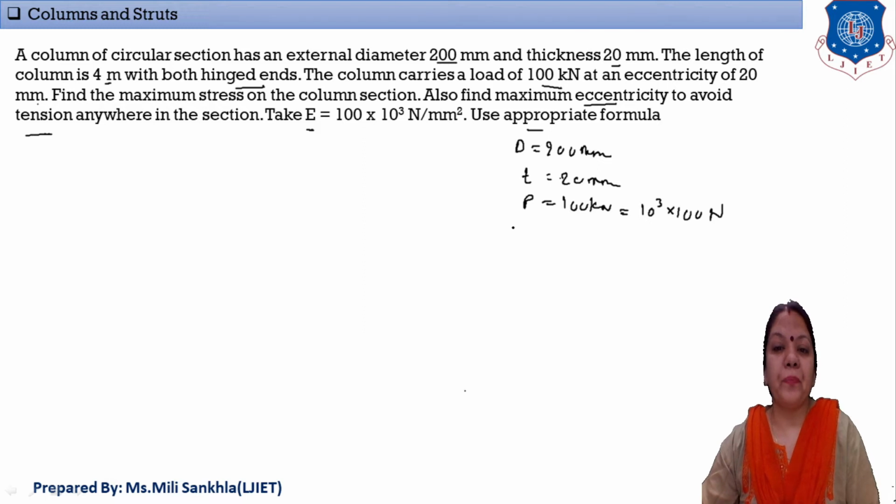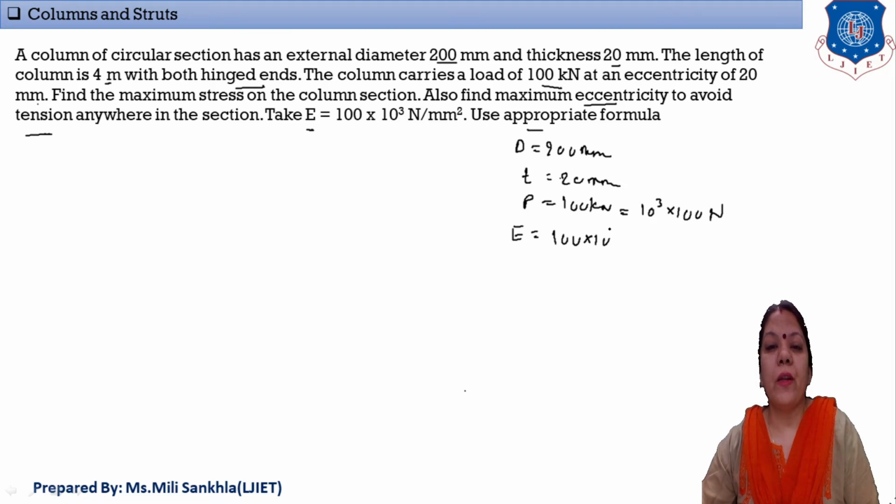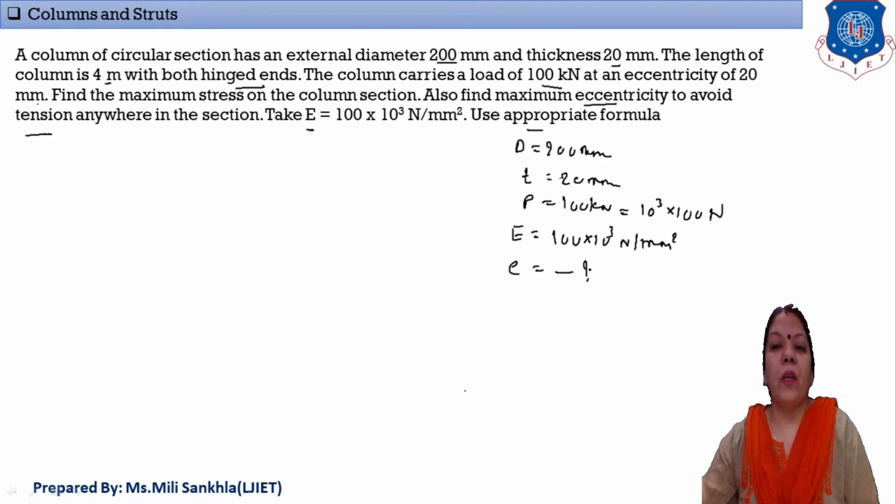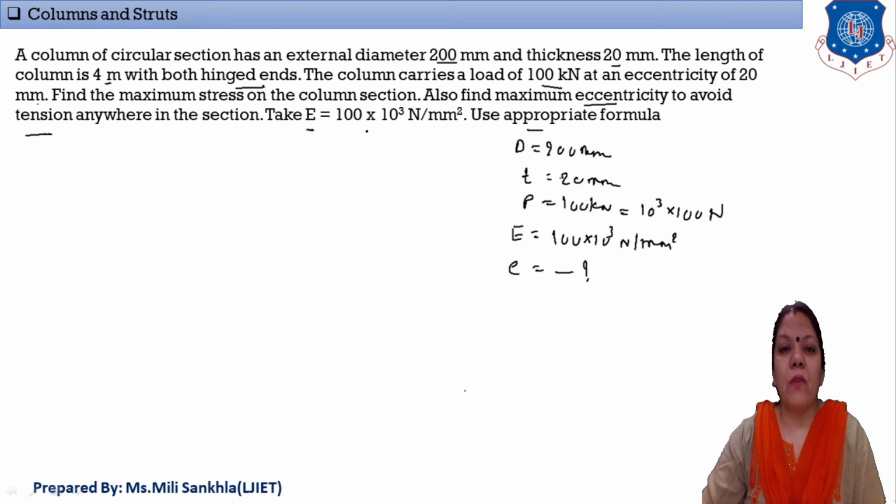The value of Young's modulus E is given as 100 into 10⁻³ Newton per mm square. Here, eccentricity e is unknown, that we find out, and the second values are given.